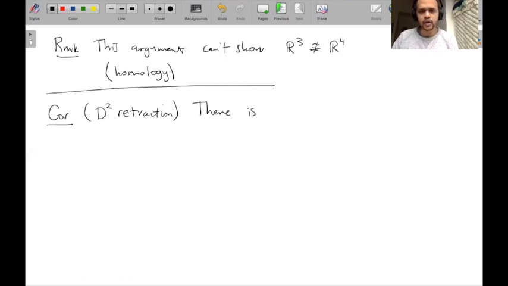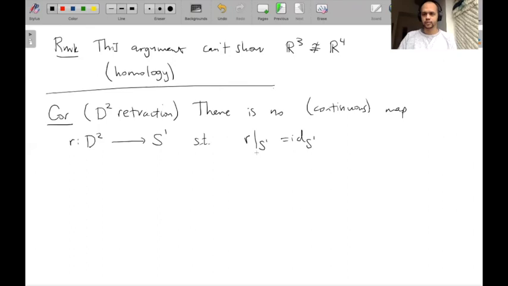This is about maps. So there is no continuous map, let's call it R, from the two-dimensional disk to its boundary circle with the property that R restricted to the circle is the identity on the circle.